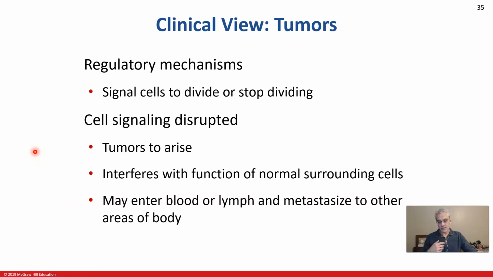Now, I mentioned tumors, right? So this is the last slide. Tumors are uncontrolled cell growth. Tumors live outside of the regular control mechanisms that tell those cells to either stop dividing or stop doing a particular thing that they're doing. They crowd each other out, so they grow in heaps and piles. That's called a tumor. So they don't respond to the normal signals that say stop dividing, stop doing what you're doing, kill yourself.